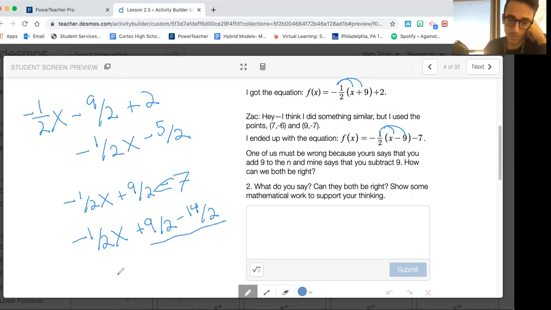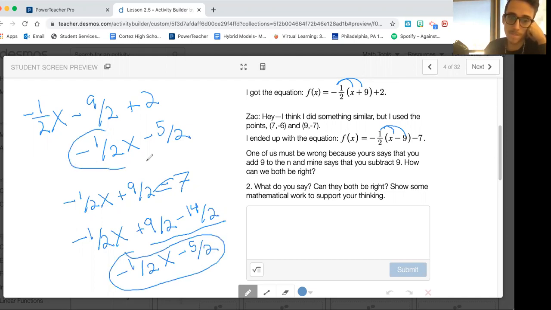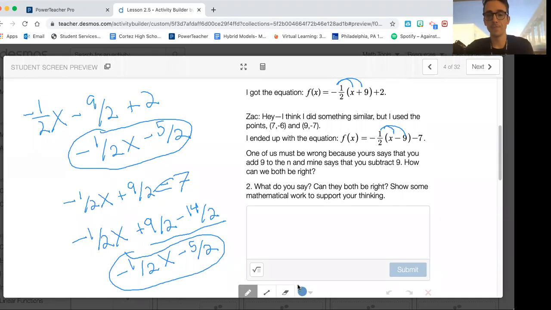Taking this further, getting you negative 1/2 x minus 5/2, because 9 minus 14 gets you a negative 5. That's all over 2. So notice, same equation, which is fine. Yeah, they're right. So same equation.